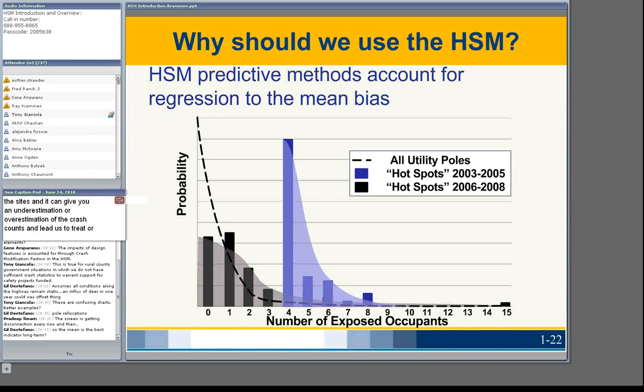So the outcome is to describe the content of the forthcoming Highway Safety Manual, almost ready for distribution, expected to take place sometime in early July.